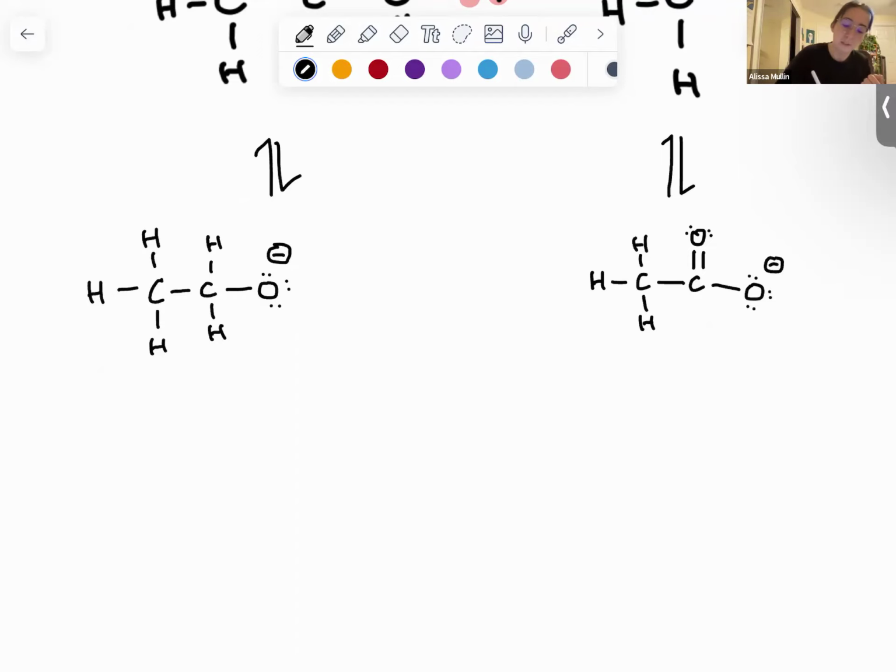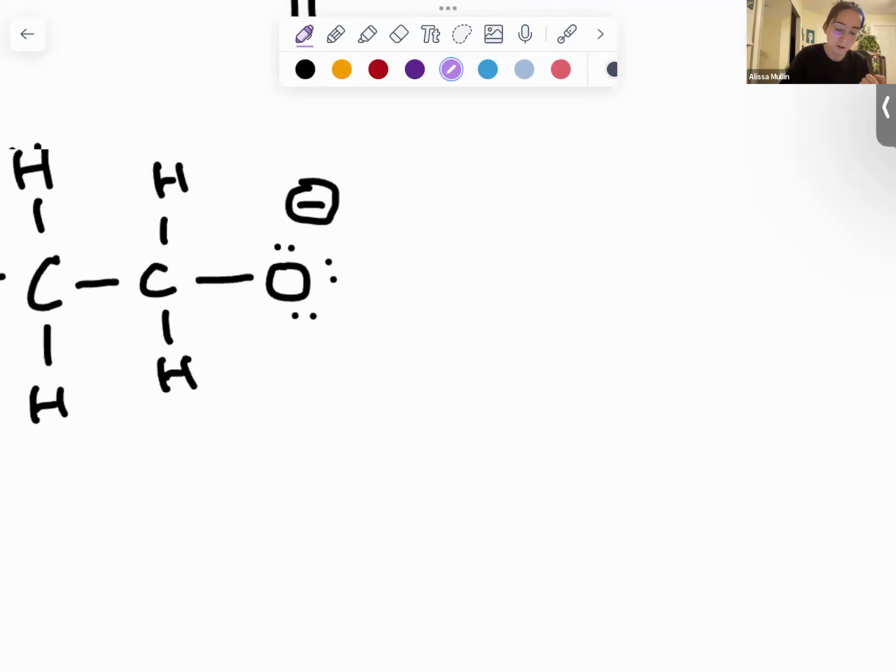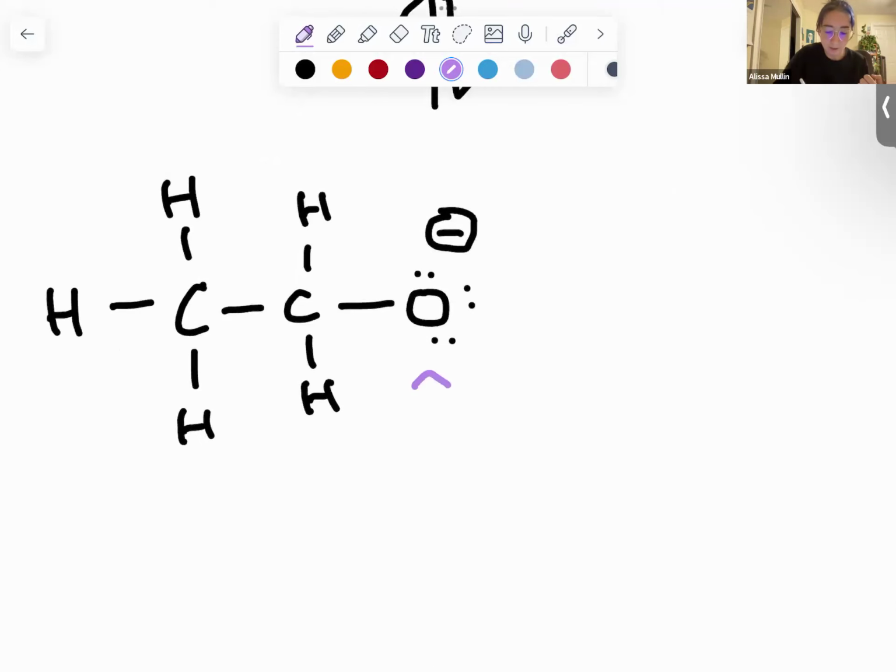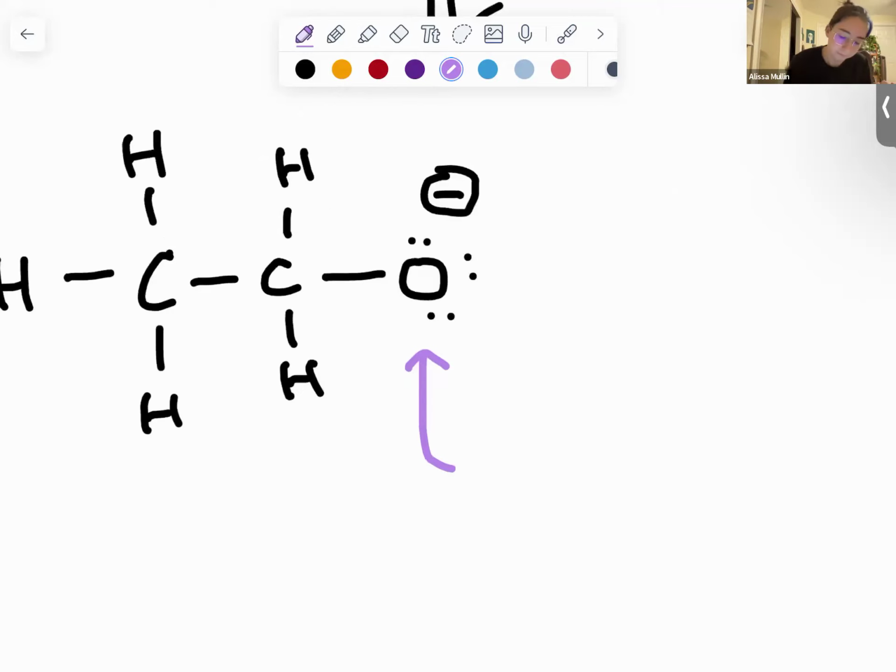So let's look at this. In this structure, we lost that proton. The oxygen got the electrons from that shared bond, and now there's this negative charge, these extra lone pairs centralized on that oxygen. And this structure is just a carbon chain, so those electrons are really just sitting on that oxygen.